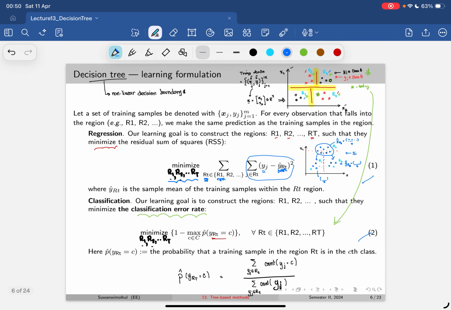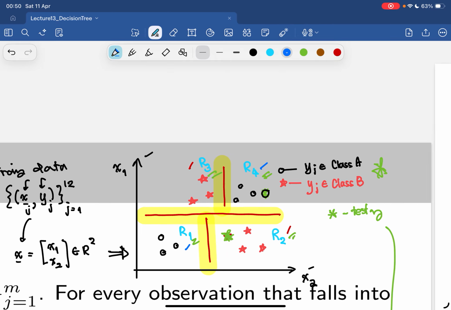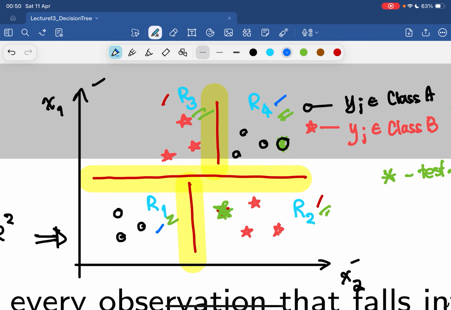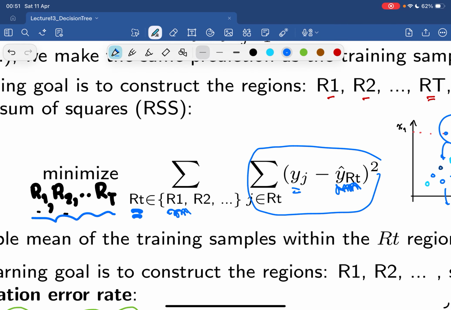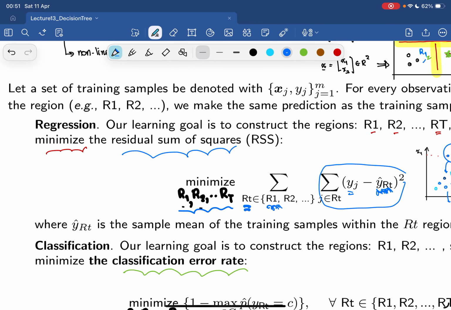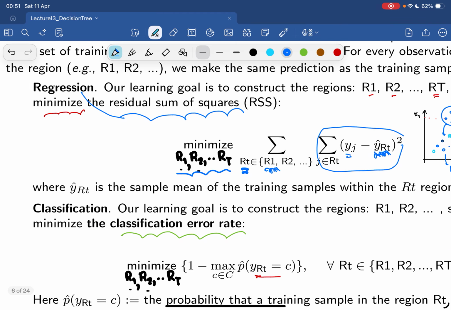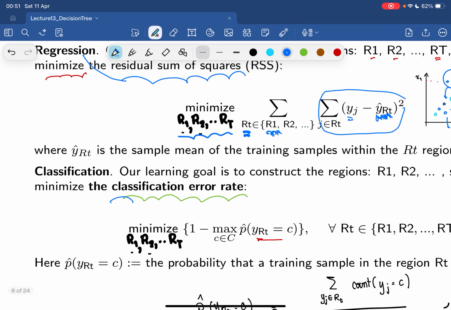We now know the problem setting. The problem setting is that we want to classify data or do regression, but the way we do it is to divide the data into partitions or regions, and the decision tree will try to find the best possible regions such that it minimizes either the residual sum of squares error for a regression task, or, for a classification task, the classification error rate, which is 1 minus the probability of that region.